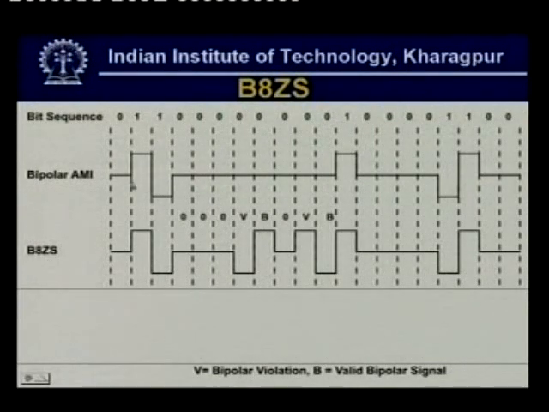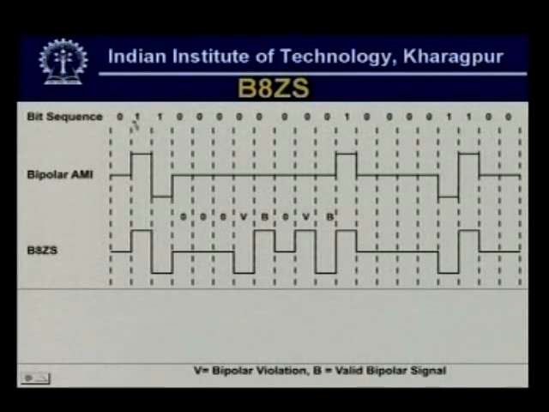So, if we use bipolar AMI, as we find there is a transition from 0 to 1 here, and another one is there. So, again transition from +1 to -1. As we know, the bipolar AMI uses 3 levels: 0 level, positive plus B and minus B, positive and negative.